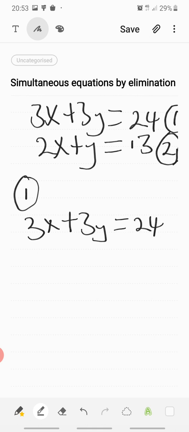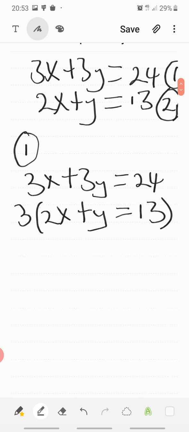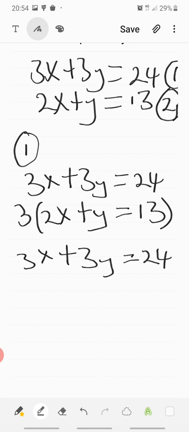Then if we multiply the second equation, 2x plus y is equal to 13, by 3, we will get 6x plus 3y is equal to 13 multiplied by 3, we get 39.